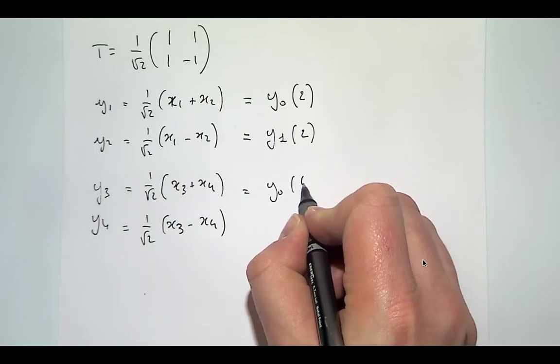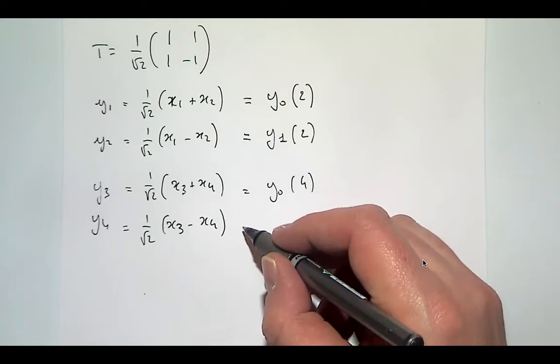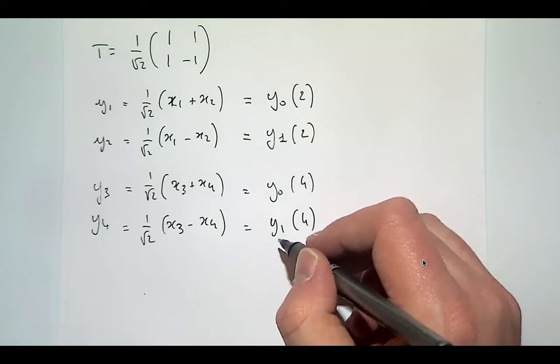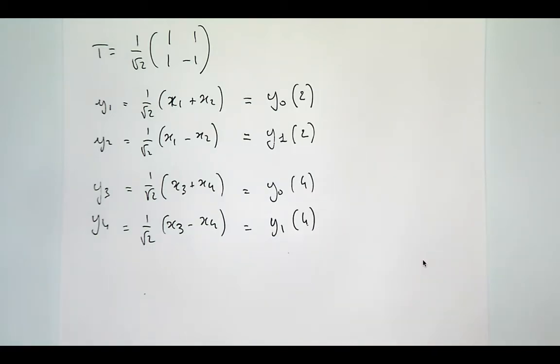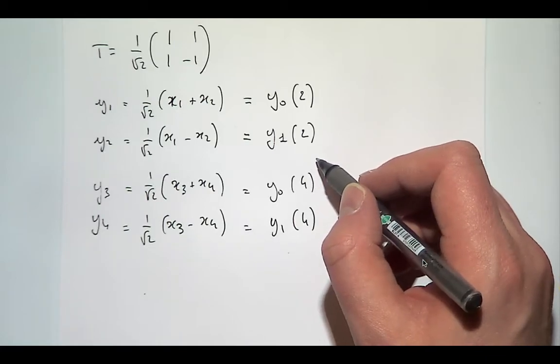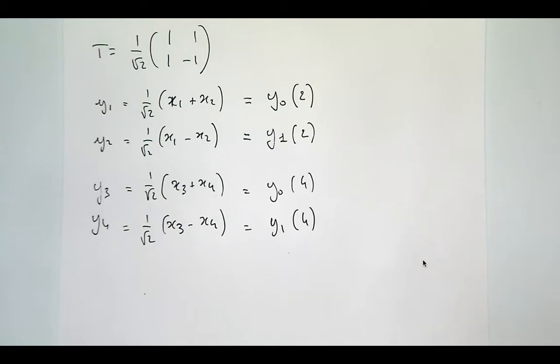Then you have to say, well, this is the result of y0 at value 4 and the result of y1 at value 4. So you don't actually need the results of y0 at 1 or y0 at 3. You only need the results of these values at every second, every odd or every even sample.